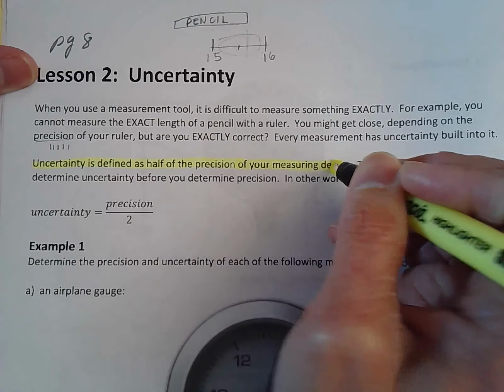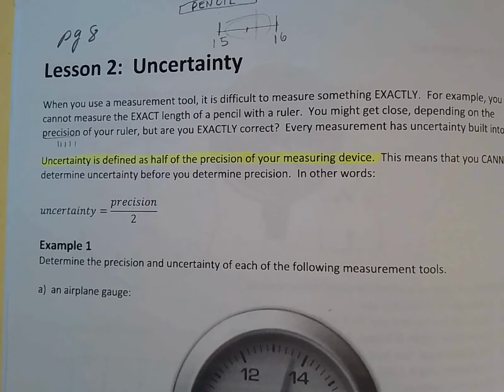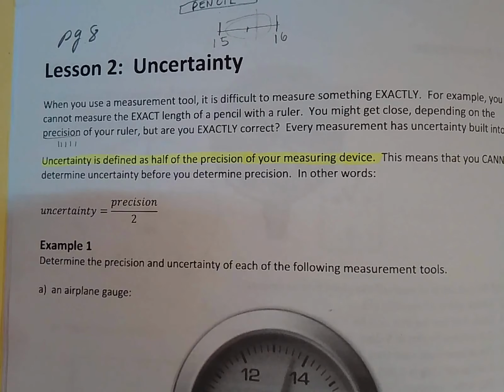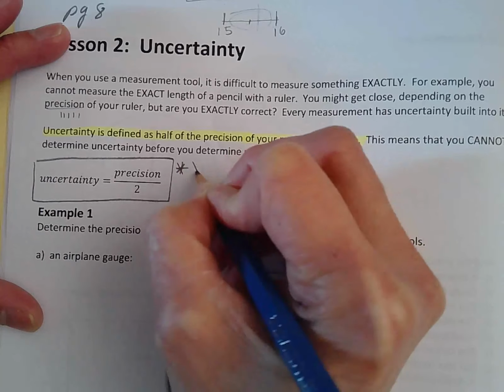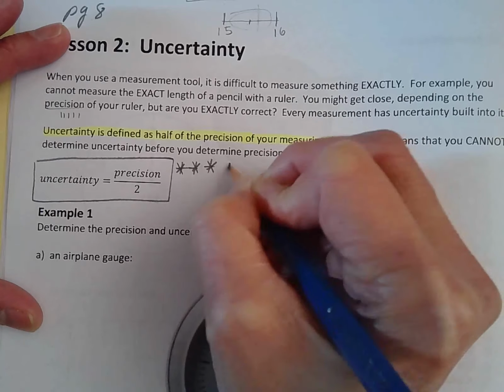So once we figure out the precision, that means how fine the measurements are in our measuring device, we can figure out half of that, which is the uncertainty. So you cannot determine the uncertainty before we determine the precision. So here's a formula. Let's put a box around that. I'm going to put that on our formula sheet.